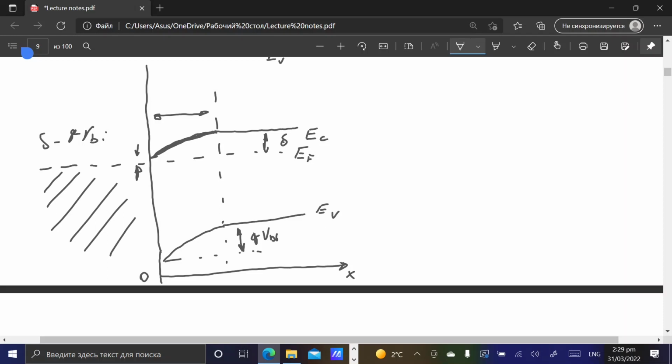That in this case, according to the equations for equilibrium charge carrier concentration, the gap between Fermi energy level and the bottom of the conduction band will be smaller than in the case of neutral region of the semiconductor, and concentration of free charge carriers, electrons in this case, will be much higher.